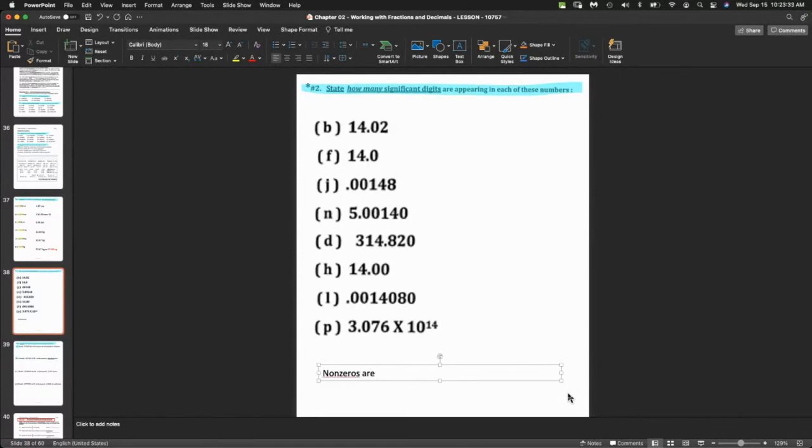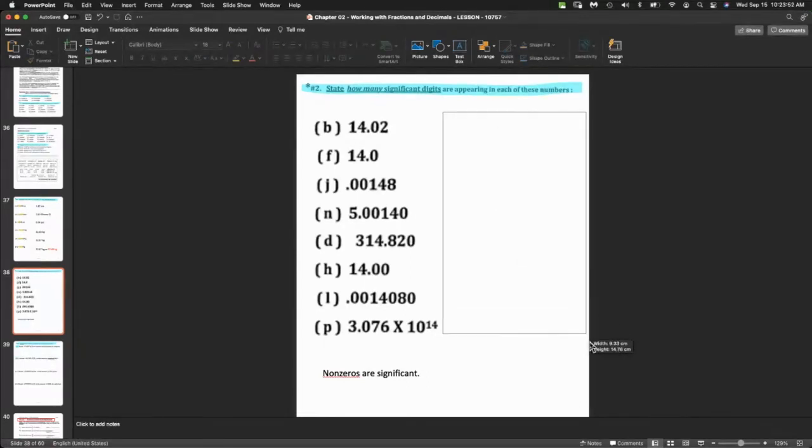Non-zeros are significant. And then zeros, I'll just say that for now, and then I'll do some questions here and explain each of them separately. That's probably the fastest way here, okay?